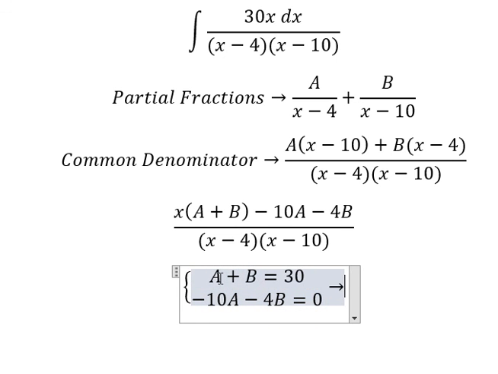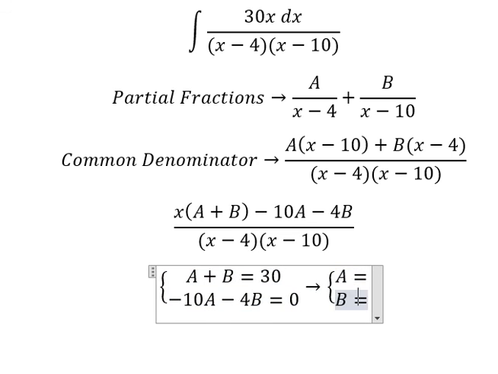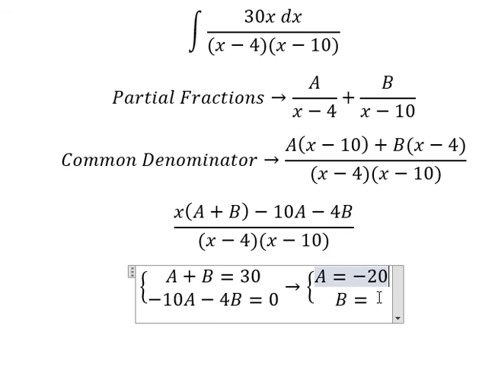And now we need to find the solutions of A and B. You got negative 20 in here, and this one we will have 50.